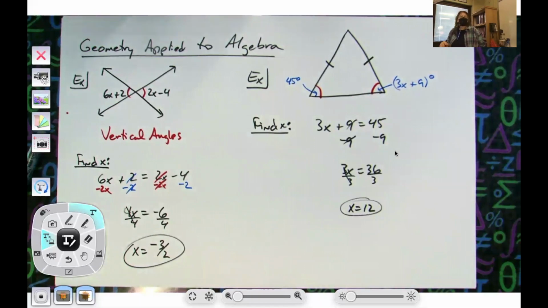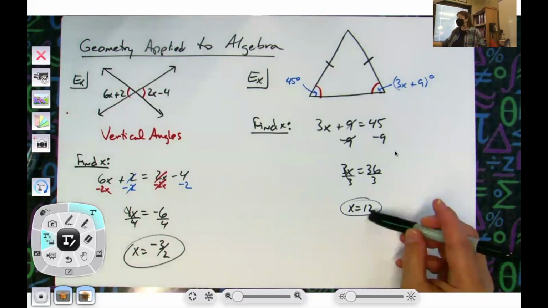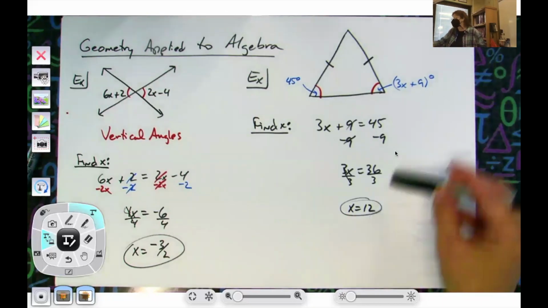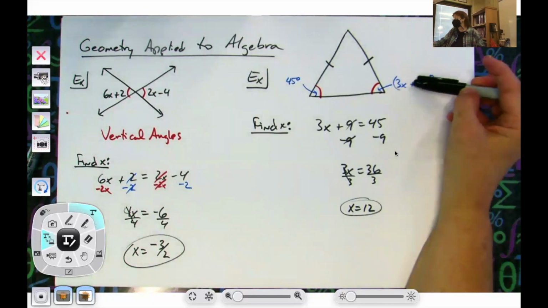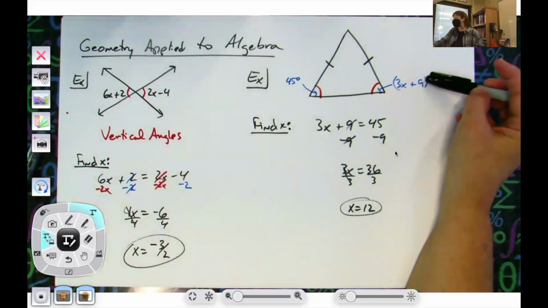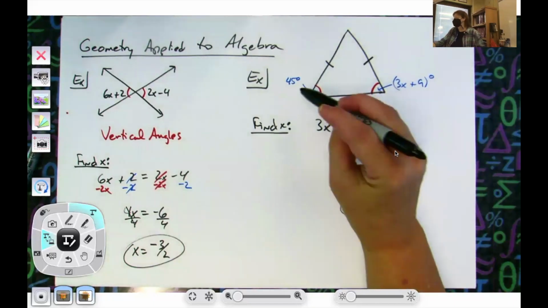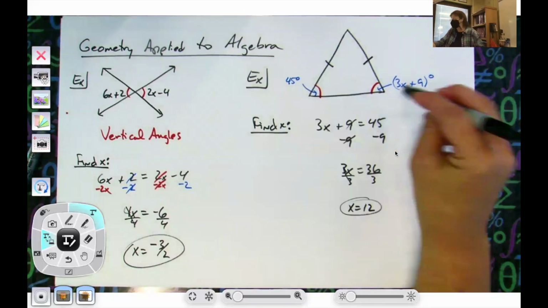Now, is there a way I could check this one? There is, isn't there? How could I check this? Plug it in. If I take x equals 12, I should be able to plug it back in here. 3 times 12 is 36 plus another 9, 45, and it better be 45 because if these two are equal and this is 45, this better be 45.